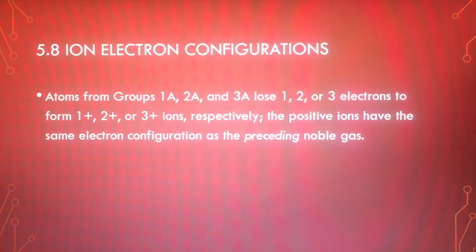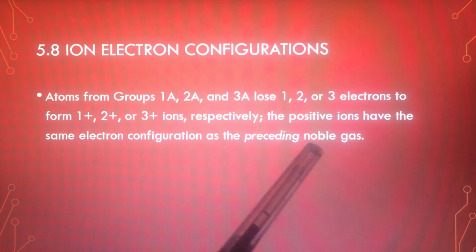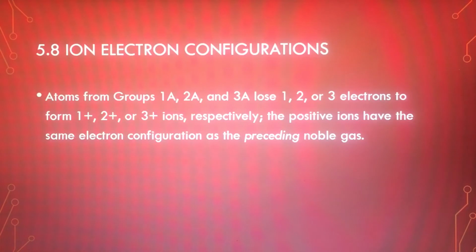If we designate 10 electrons, we have 1s2, 2s2, 2p6. 1s2, 2s2, 2p6 corresponds to the electron configuration of neon, the preceding noble gas for sodium in group 1A. The same goes for group 2A and group 3A.